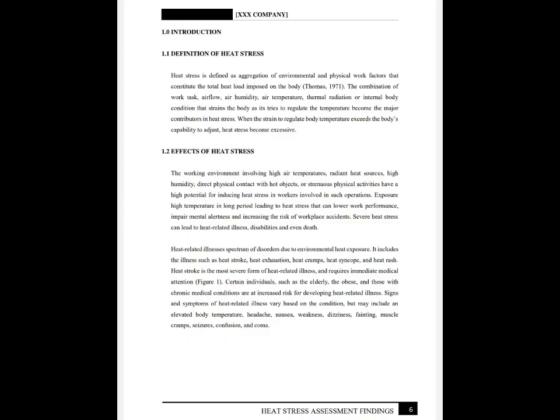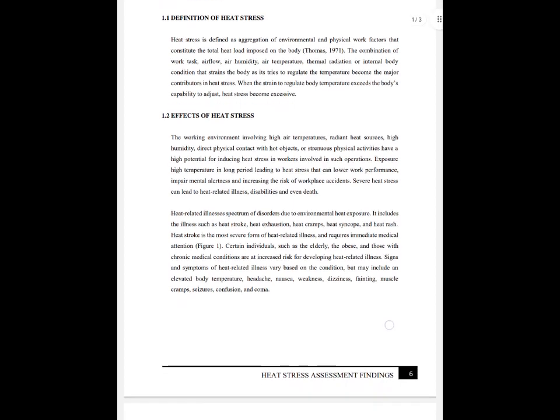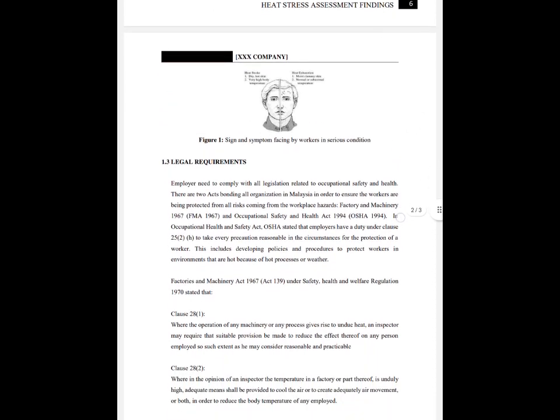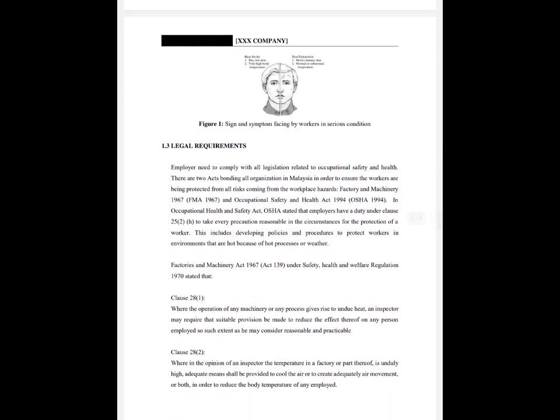As for the introduction, the assessor again gives the definition of heat stress, explains a little more on what heat stress is about and the effects of heat stress. At the end, they list the legal requirements.